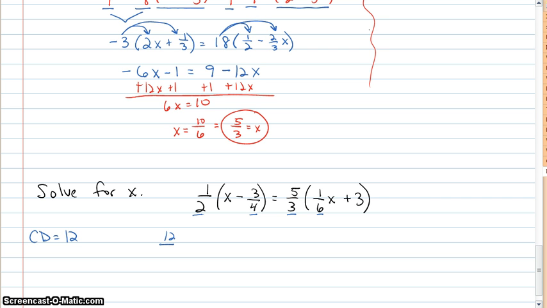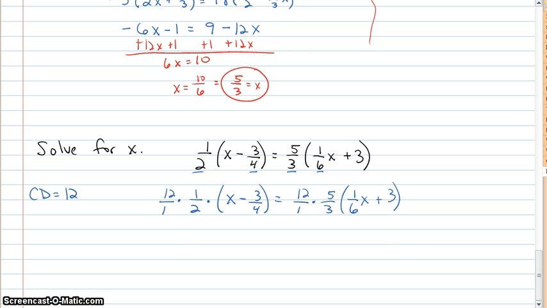So if I multiply 12 over 1 by 1/2 by x minus 3/4, and I multiply 12 over 1 by 5/3 by 1/6 x plus 3. If I multiply the first two fractions, I get 6 multiplied by x minus 3/4 equals 20 multiplied by 1/6 x plus 3.